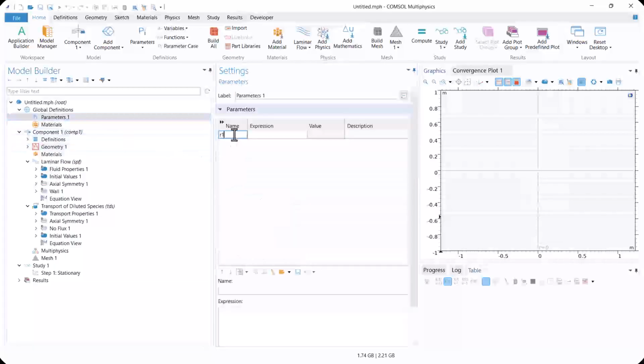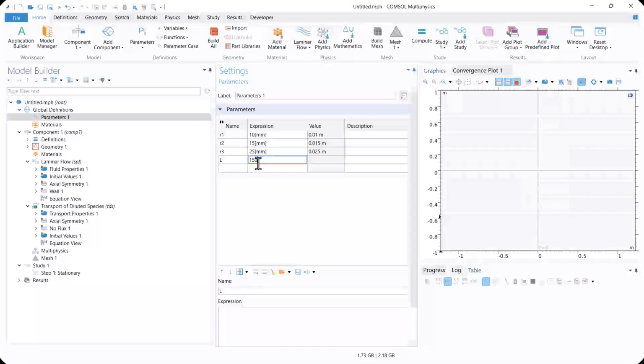Here we have R1 is 10 millimeters, R2 is 15 millimeters, and R3 is 25 millimeters, and our length or L is 150 millimeters.